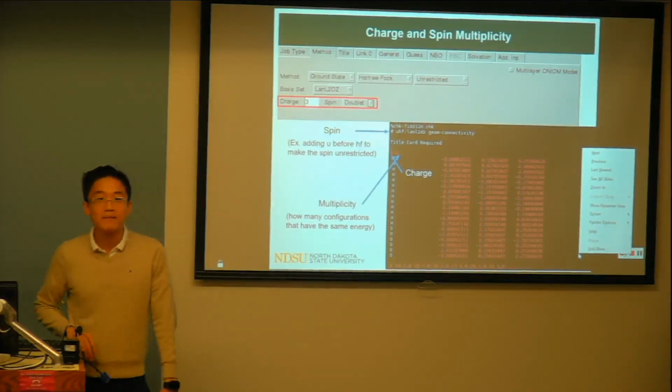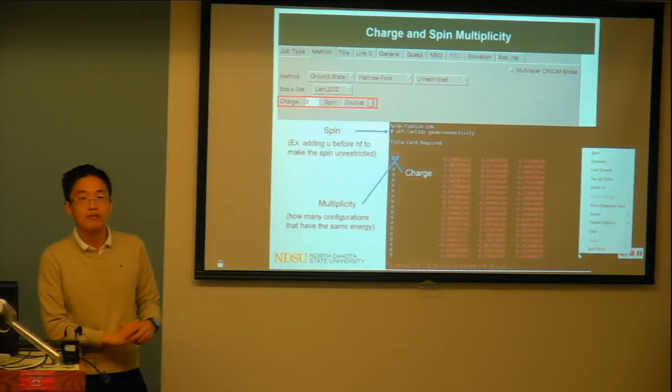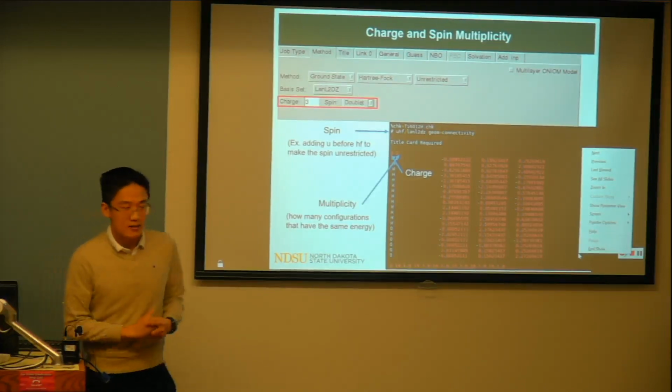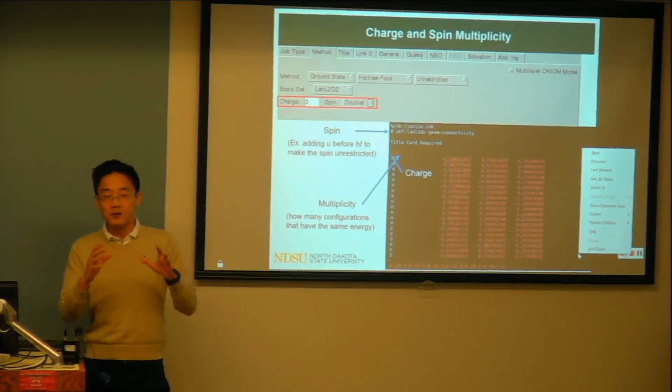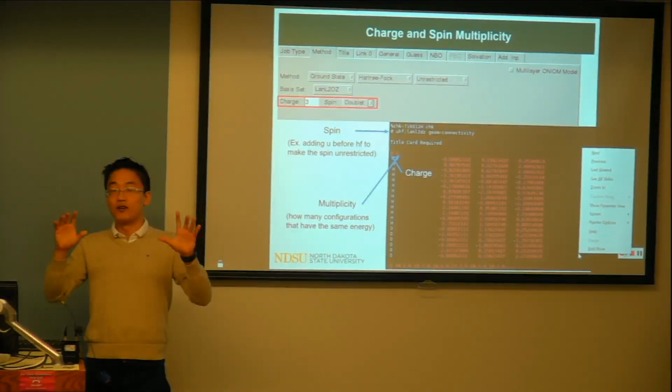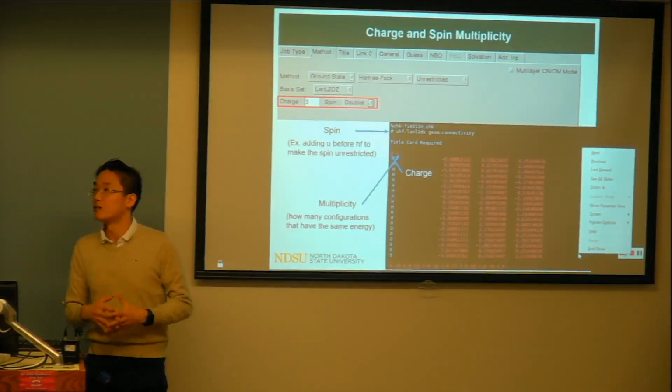So what happens if I set it to 4 or 5? I didn't try it. I think probably it will break, or all the electrons will go out. So there will be some error in the GaussView software.